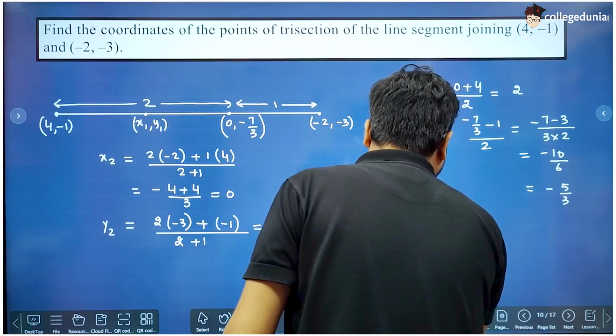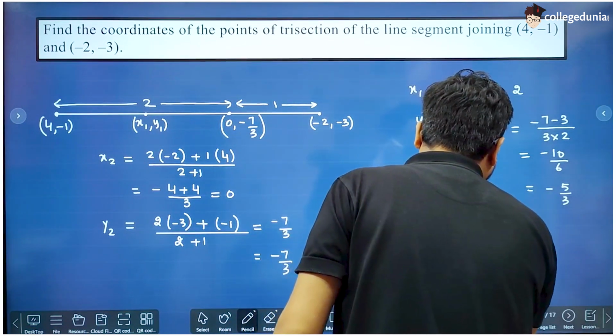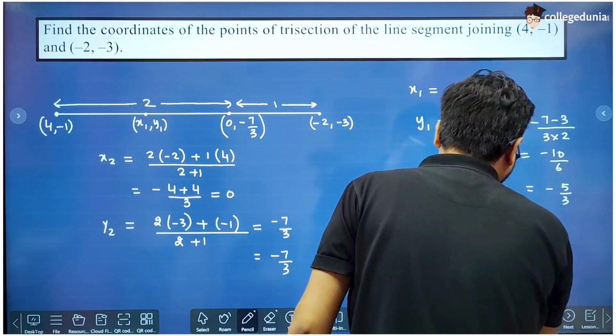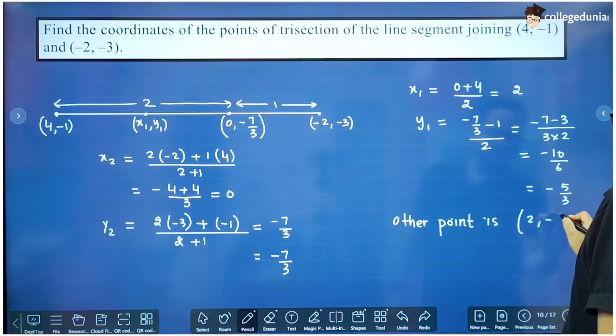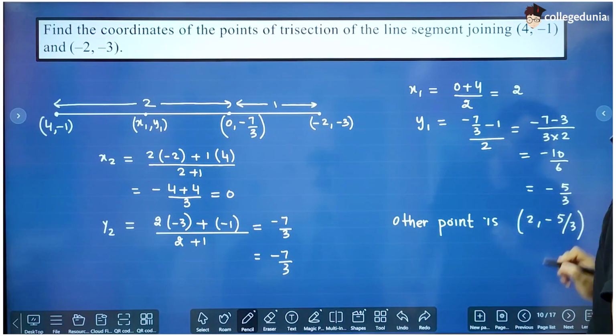So the other point is (2, minus 5 by 3).